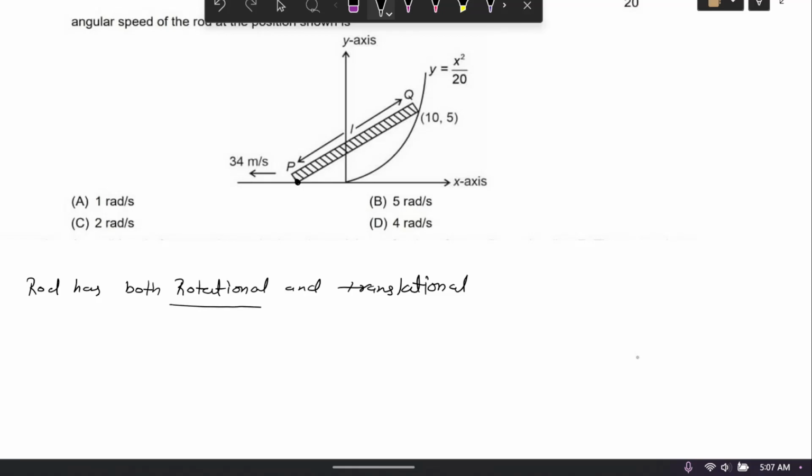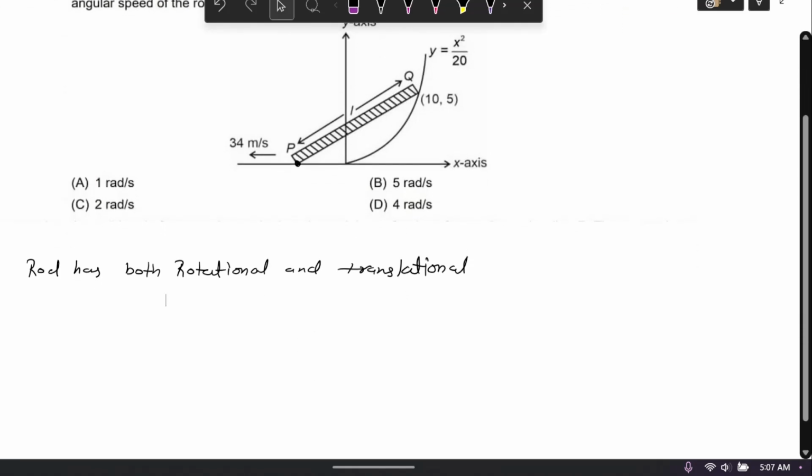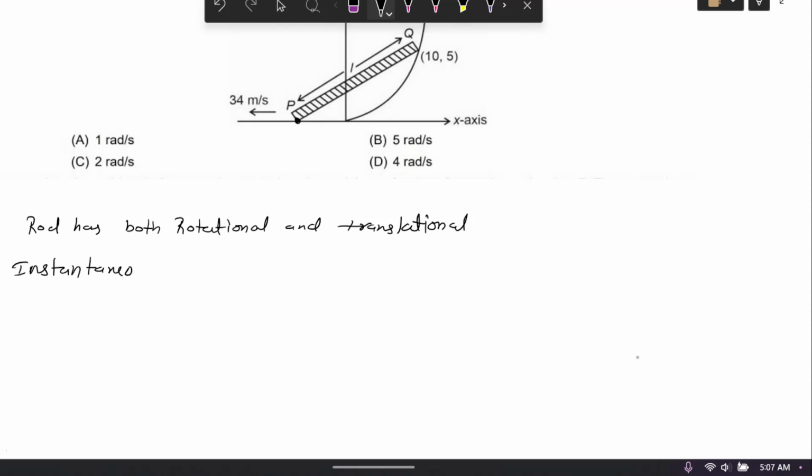So we need to think about a pure rotational motion. So we need to find such an axis so that only pure rotation will be seen. This problem is from the concept of instantaneous axis of rotation.